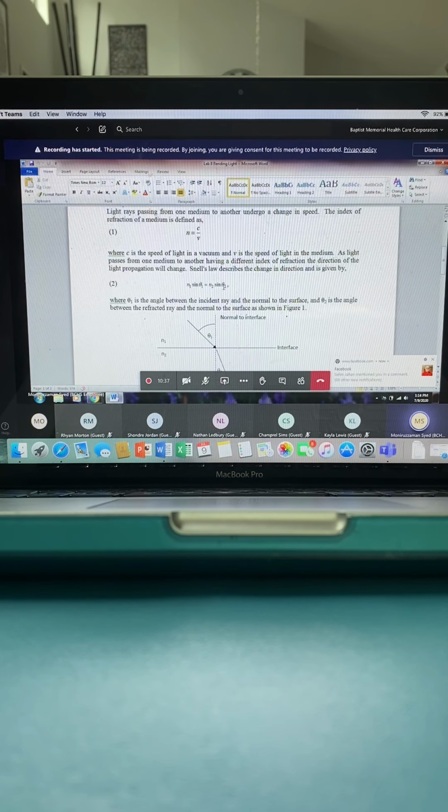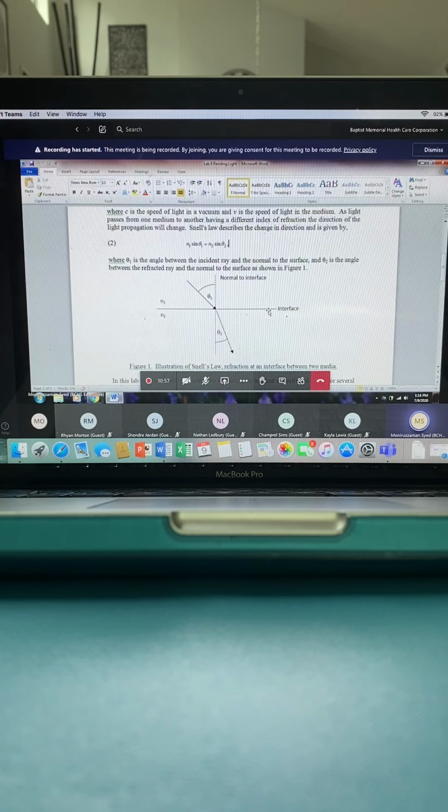Theta 2 is the angle of refraction. You need to remember this, as I mentioned during the lecture. Theta 2 is the angle of refraction because it's passing through, and theta 1 is the angle of incidence, okay?